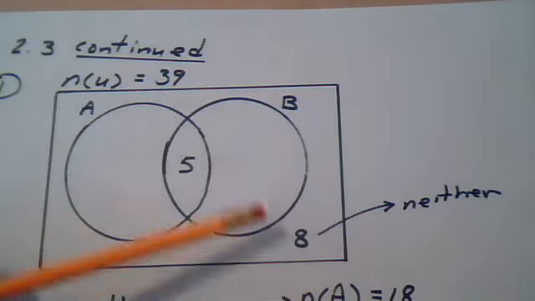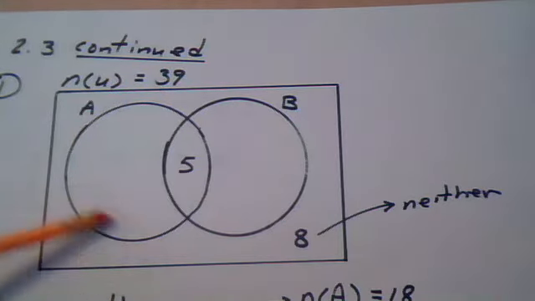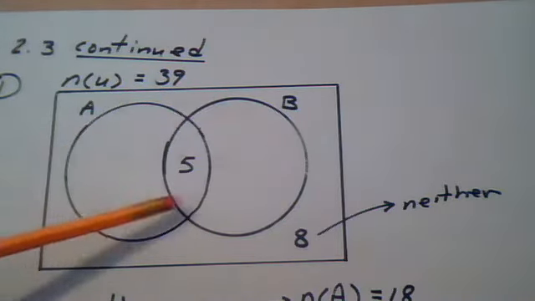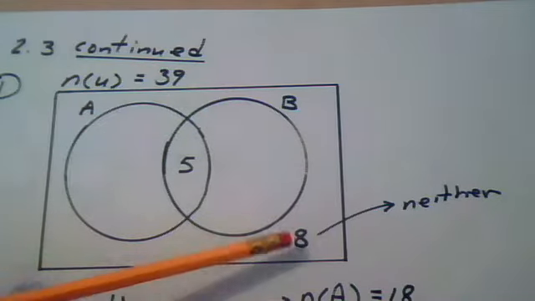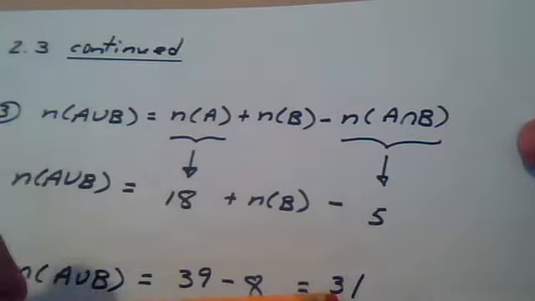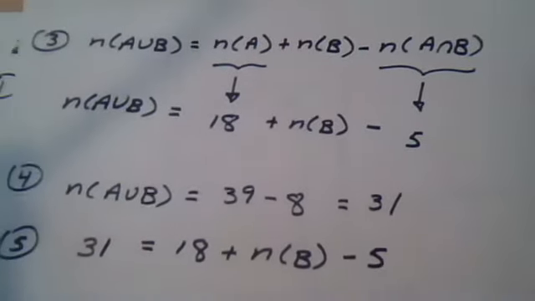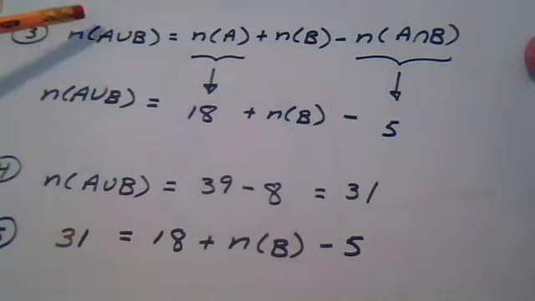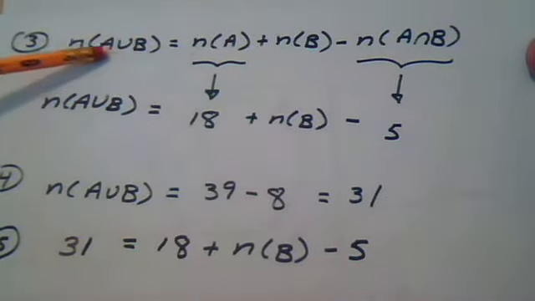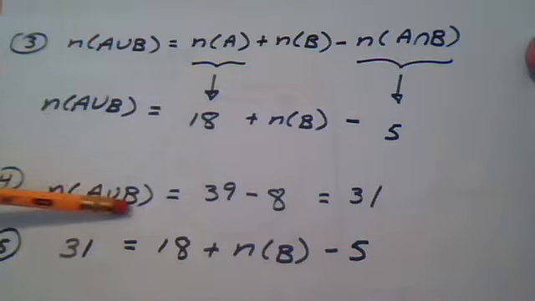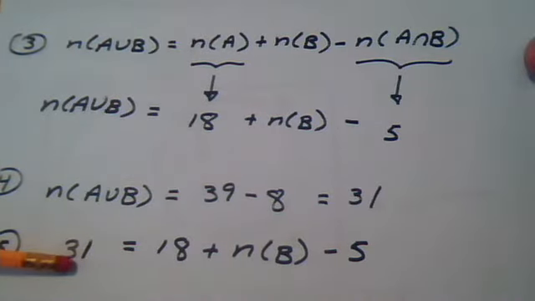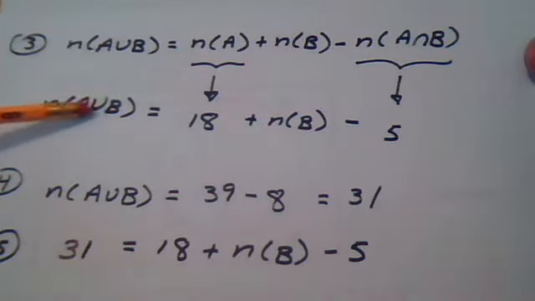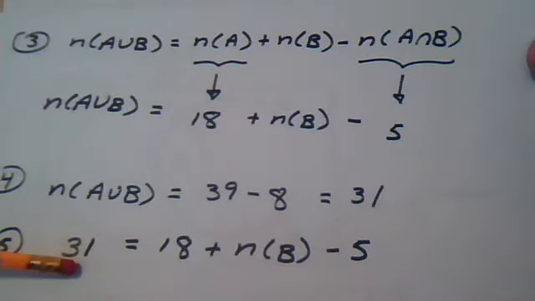So 39 minus 8 will give you how much the union is. These two circles put together is a union. So 39 minus 8 is 31. So if you put all the members of both circles together, that would be the union. So now we have the information for this part of the formula. So now we know that the union is 31. So we could replace these symbols with a 31.